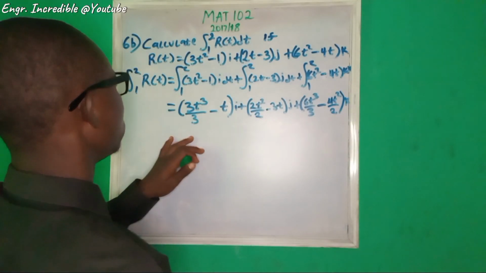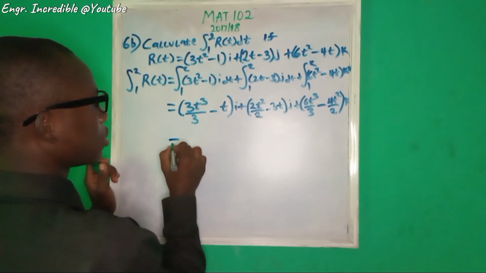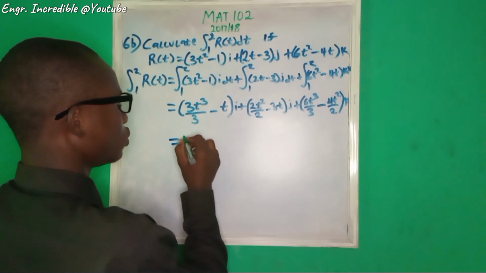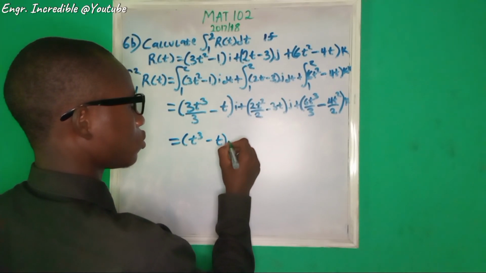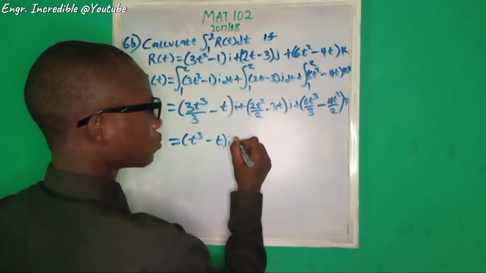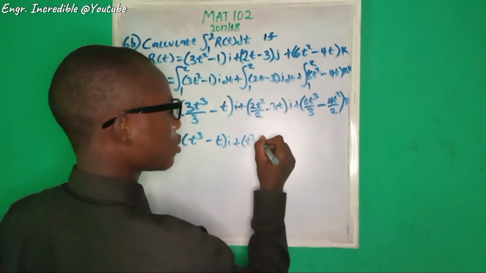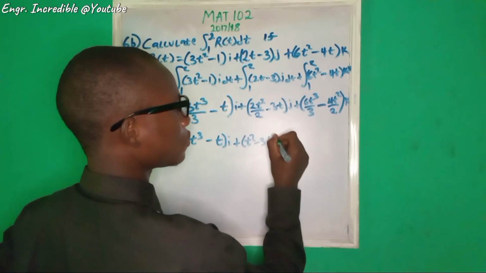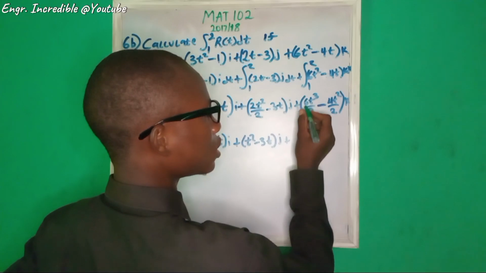So now this is it for now. So we try to simplify 3 divided by 3, that is 1. So here we have t cube minus t of i plus 2 divided by 2, which is 1. We also have t square minus 3t of j, then plus 3 here 1, 3 here 2.